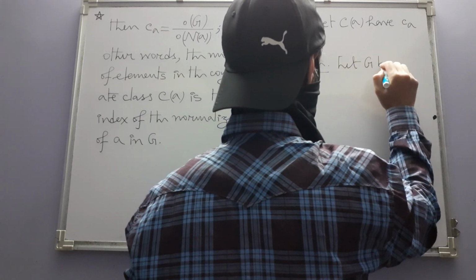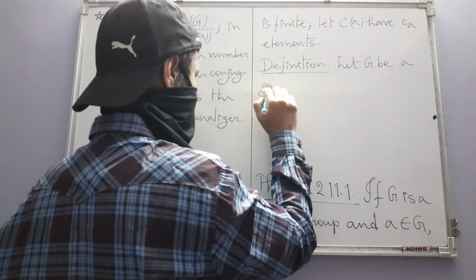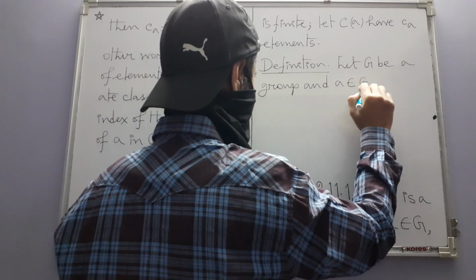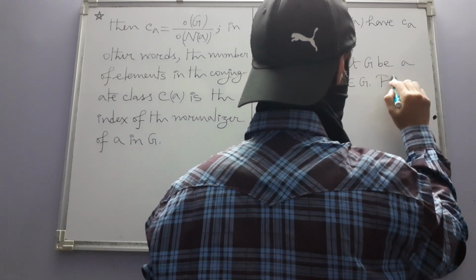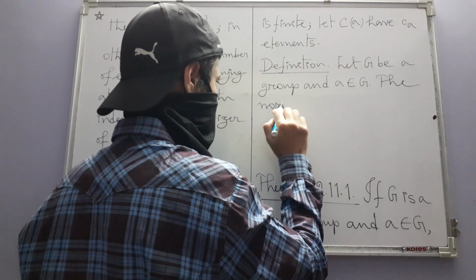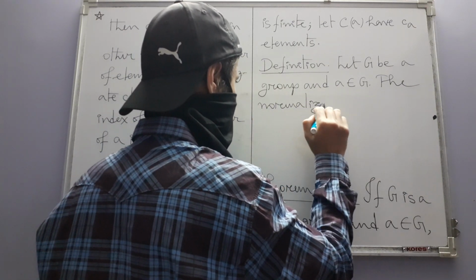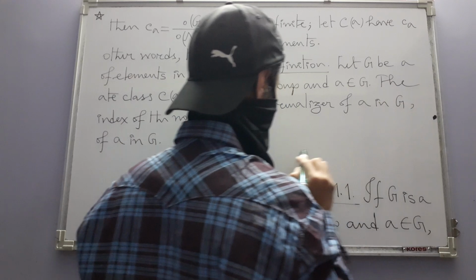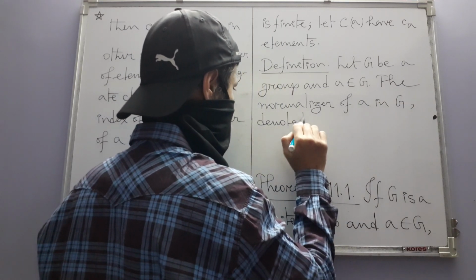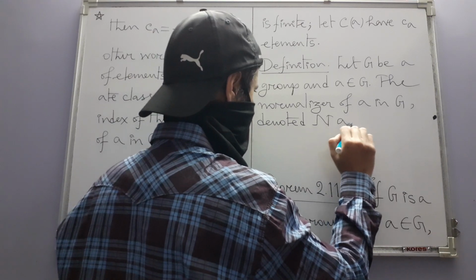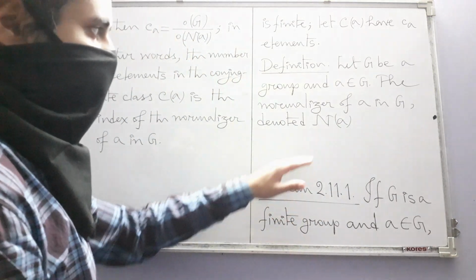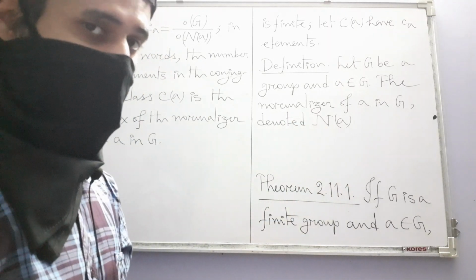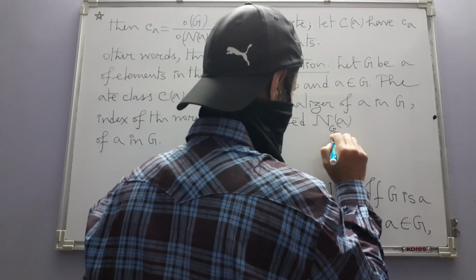Let G be a group and A be an element in G. The normalizer of A in G, denoted NA, or if you want to really express the fact that this is the normalizer of A in G, sometimes we also write that G as a suffix.